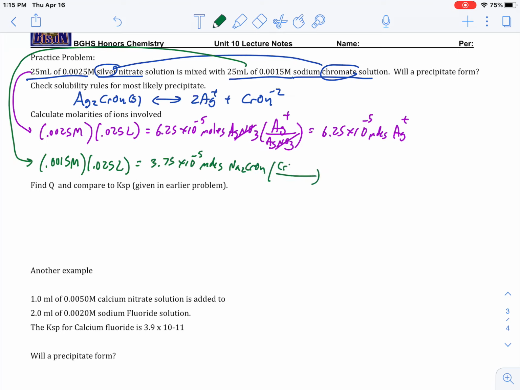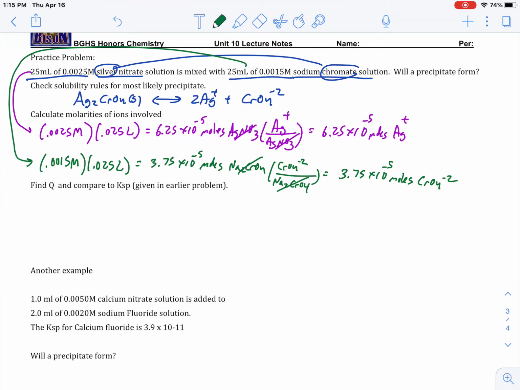And there's 1 chromate for every sodium chromate. These 5s look like 6s sometimes.